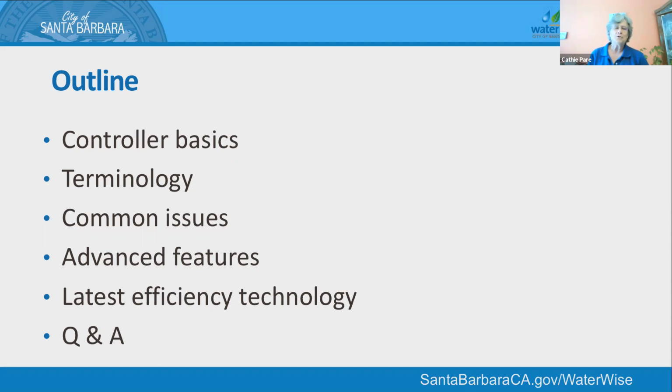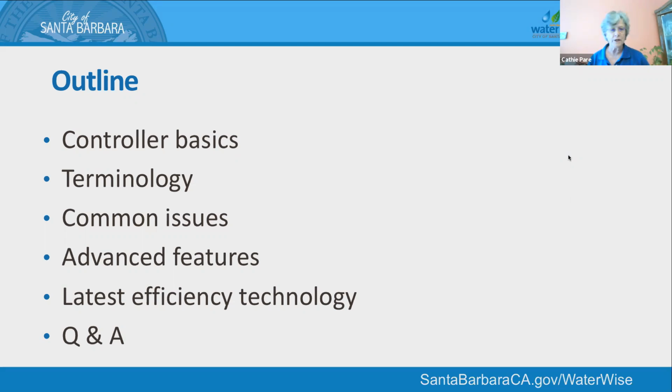So I'm going to cover some of the real highlights. We're going to talk about the actual basics of controllers, some terminology that is best if you can understand it. The terminology doesn't matter which controller you're looking at, they're all talking the same language. That's going to help us because all of you most likely have different brands of timers.